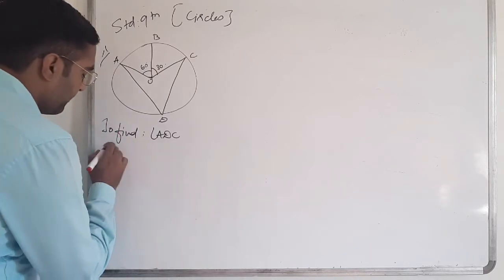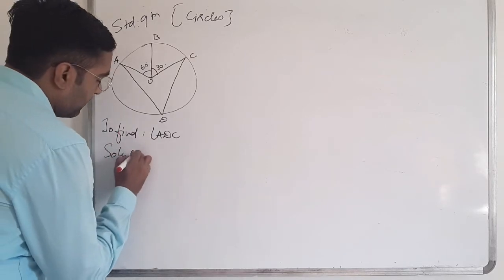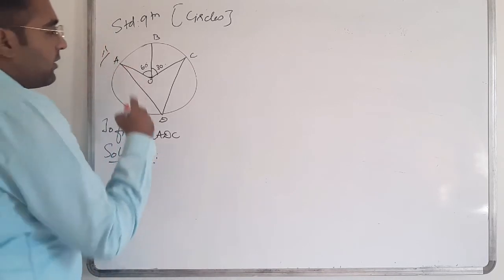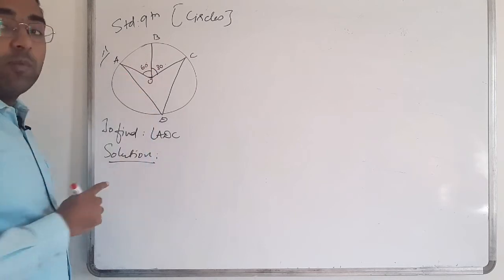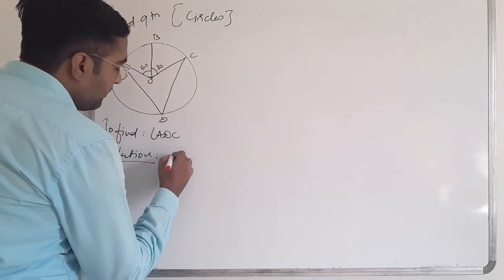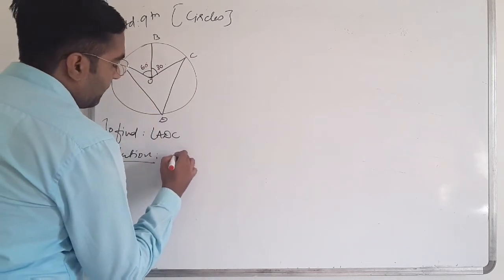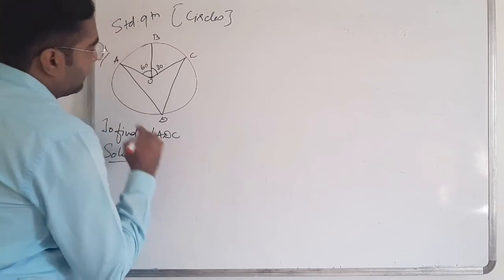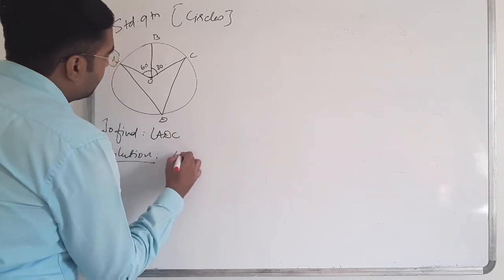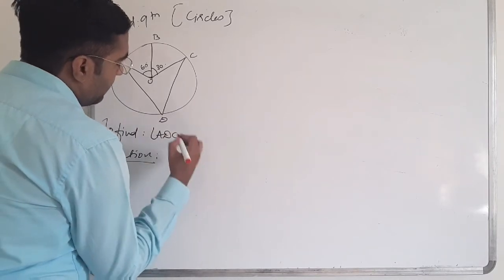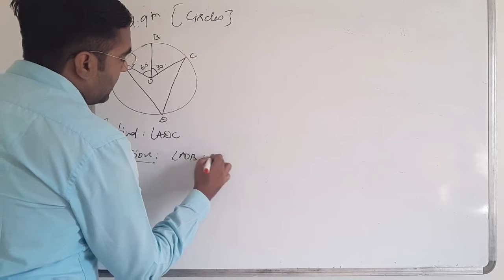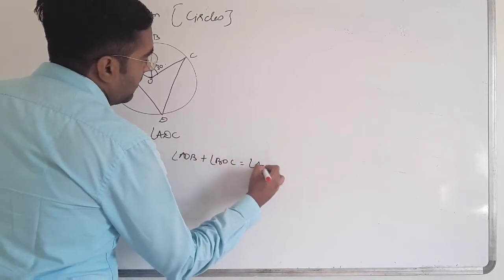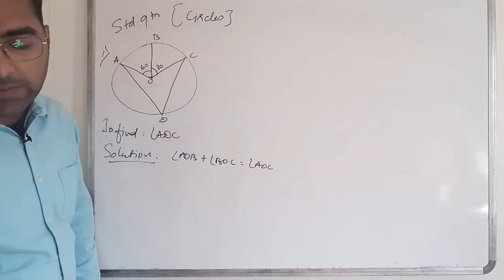The solution is that at the center of the circle two angles are formed. Angle AOB plus angle BOC is equal to angle AOC.